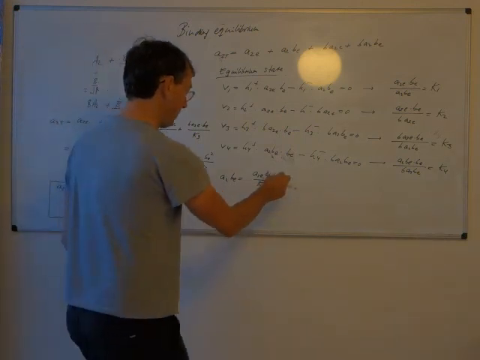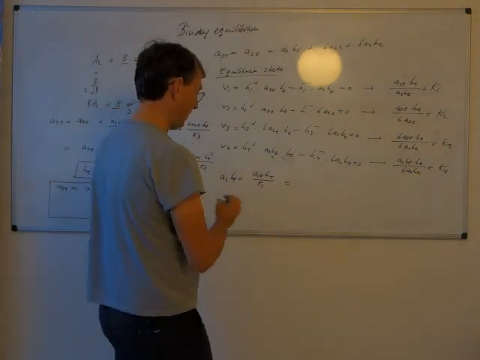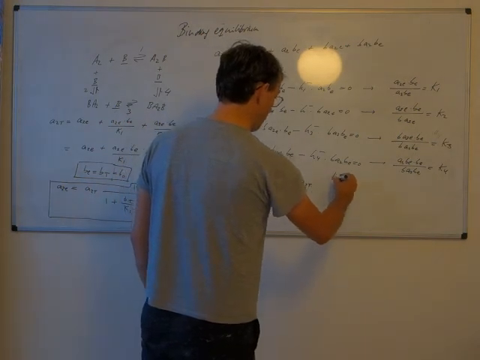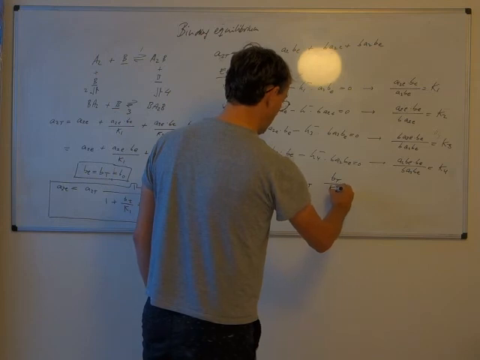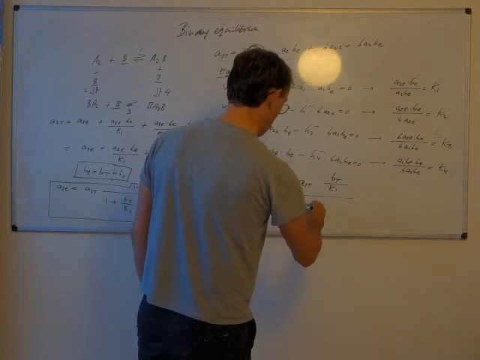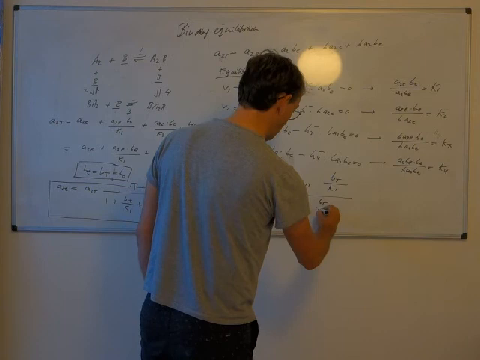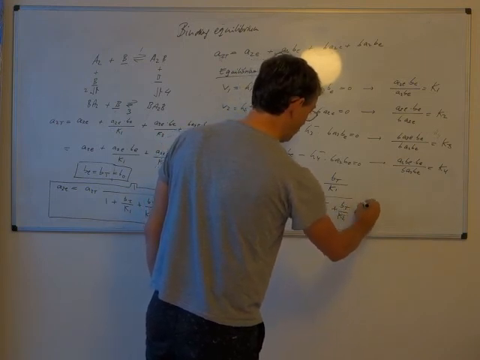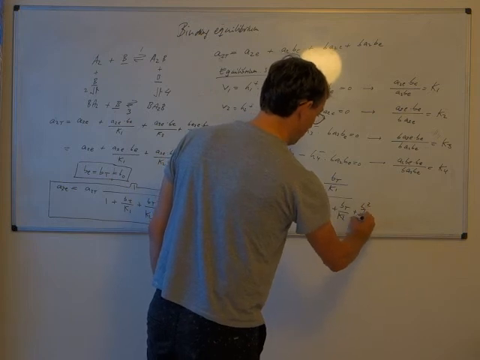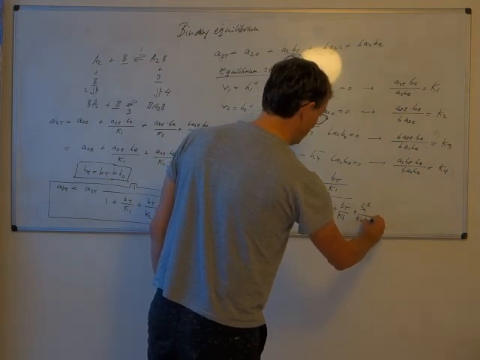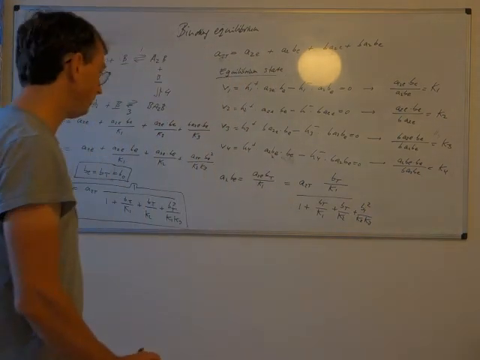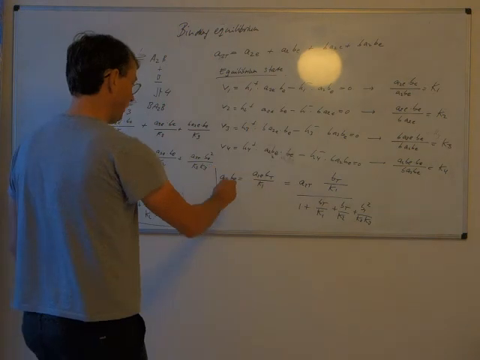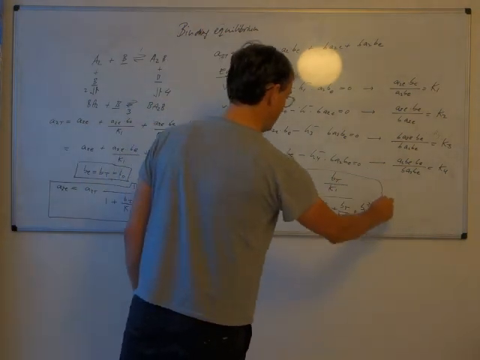So this is also now going to be A2 total times B total divided by K1, at 1 plus B total divided by K1 plus B total divided by K2 plus B total squared divided by K2 times K3. Okay, so that is my second equilibrium concentration that I calculate.